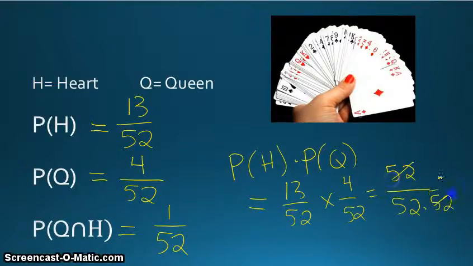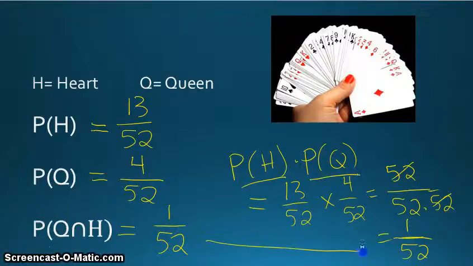If I cancel these out, this gives me 1 out of 52. So I can see that the probability of a queen and a heart, intersected, is equal to the probability of a heart multiplied by the probability of a queen. And this will be true if and only if the events are independent.